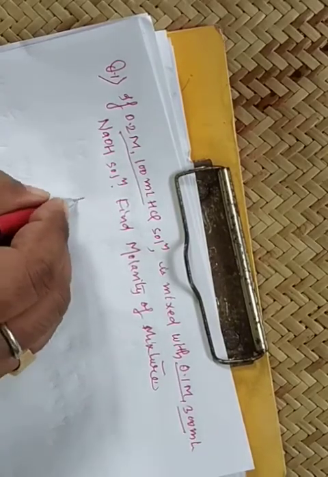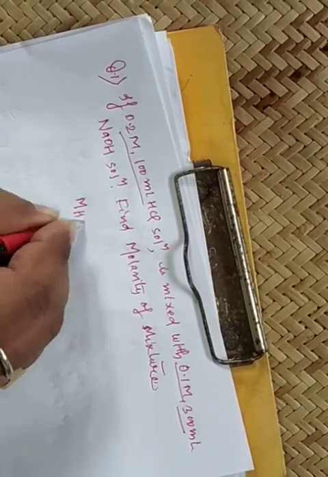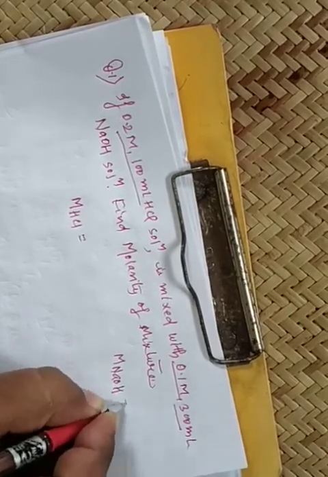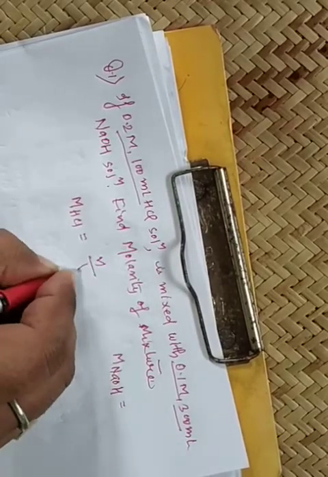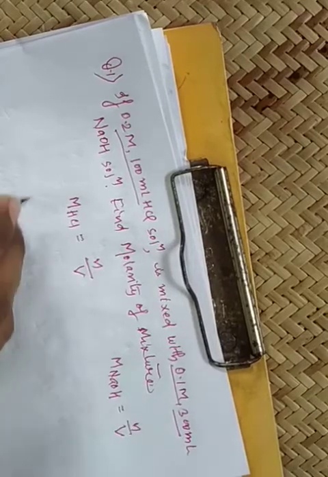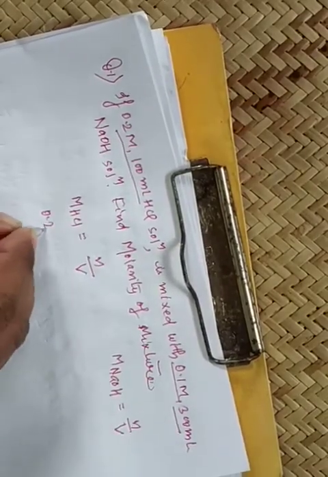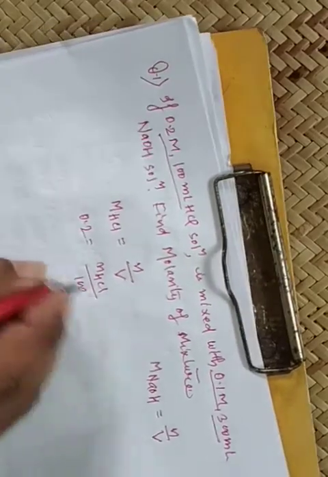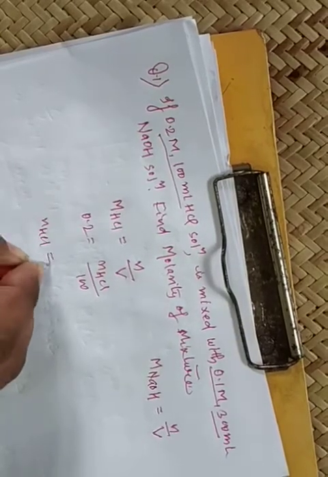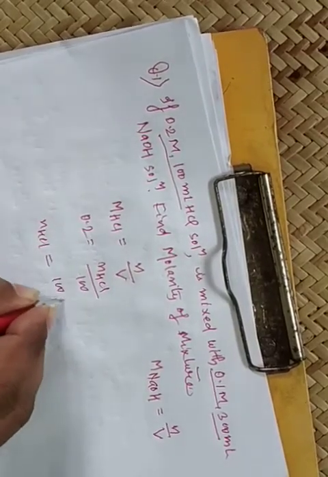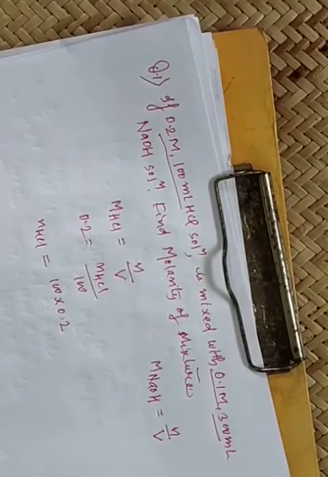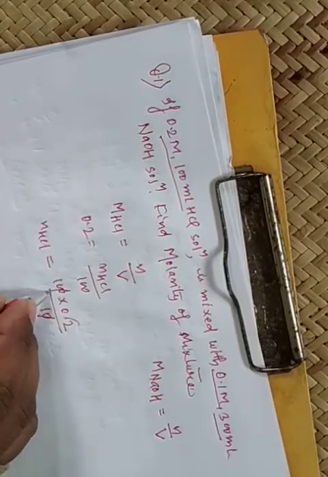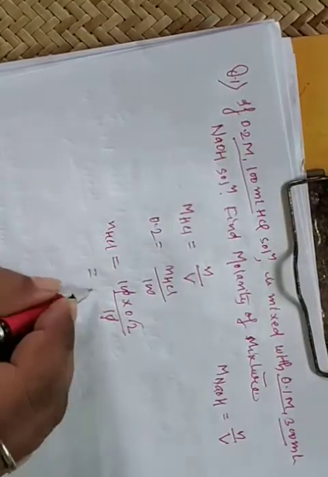So first you check the moles of HCl and NaOH. Moles is molarity times volume. For HCl, molarity is 0.2 and volume is 100, so 100 into 0.2 is 20 moles.